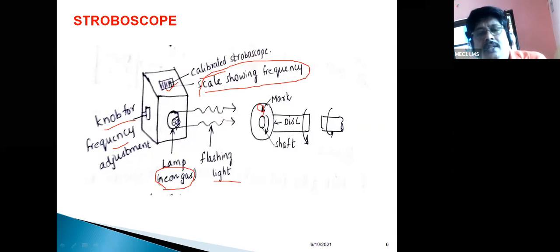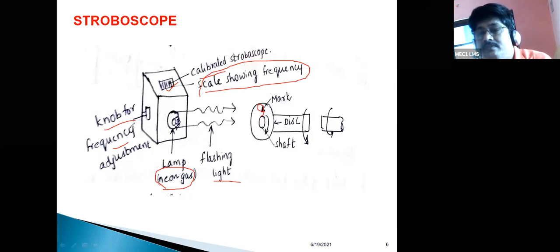When the flashing light from the lamp focuses on this particular mark, the shaft is rotating and the disc is also rotating. That means we have to adjust this knob in such a way that the mark appears at the same position on the disc, even though it rotates.